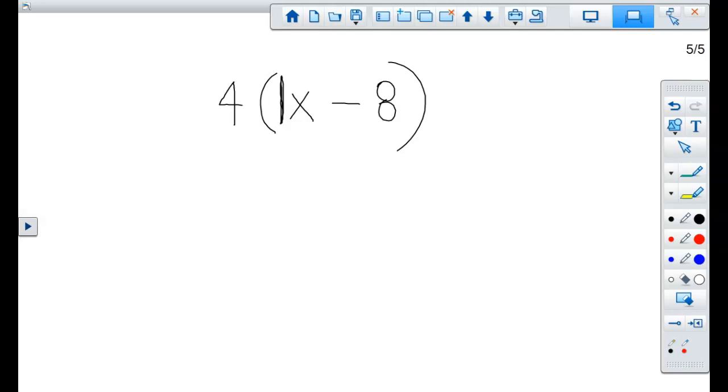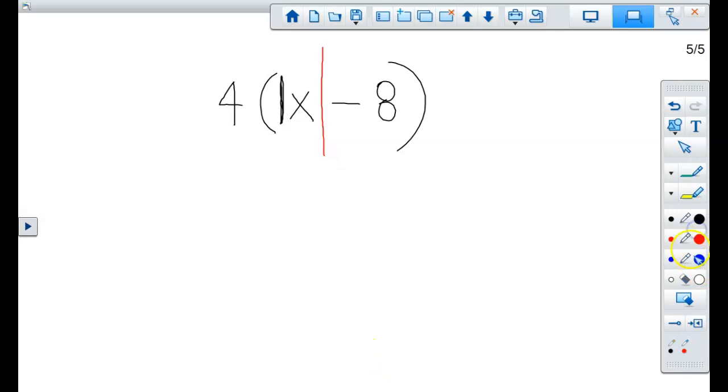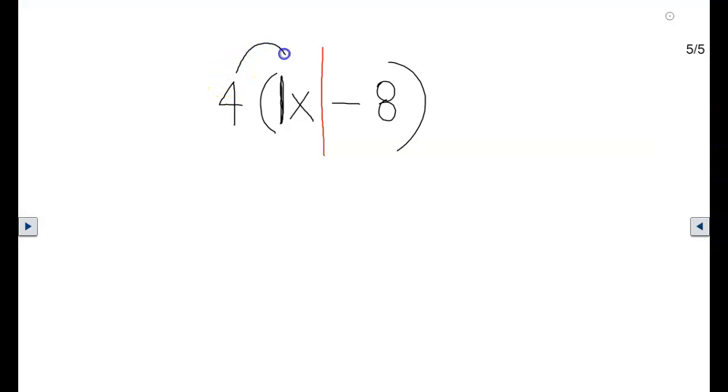What are the members of your group? Well, the first member is 1x, so I'm going to draw my line after him. That makes the second member what? Negative 8. Okay, so here's what we're doing. We're doing 4 times 1x. 4 times 1 is 4, so that's going to be 4x.